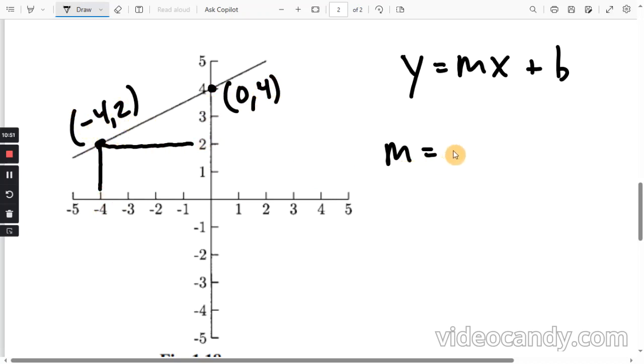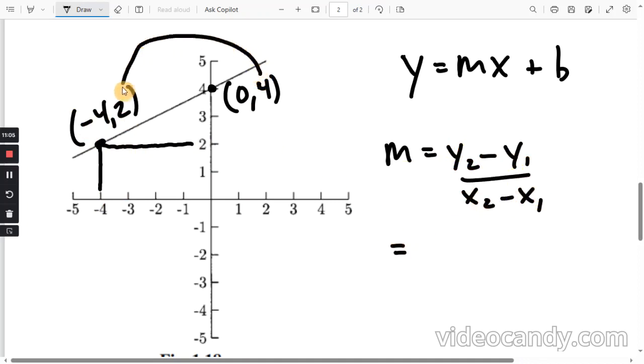So the slope we know is change in y over change in x. So subtract going the same way. The y is the second number, 4 minus 2. And the x is going to be 0 minus -4.